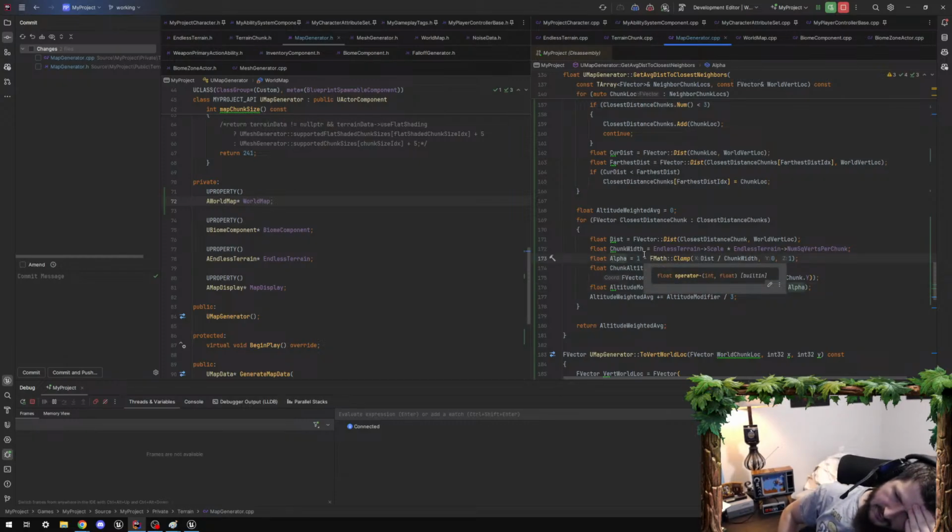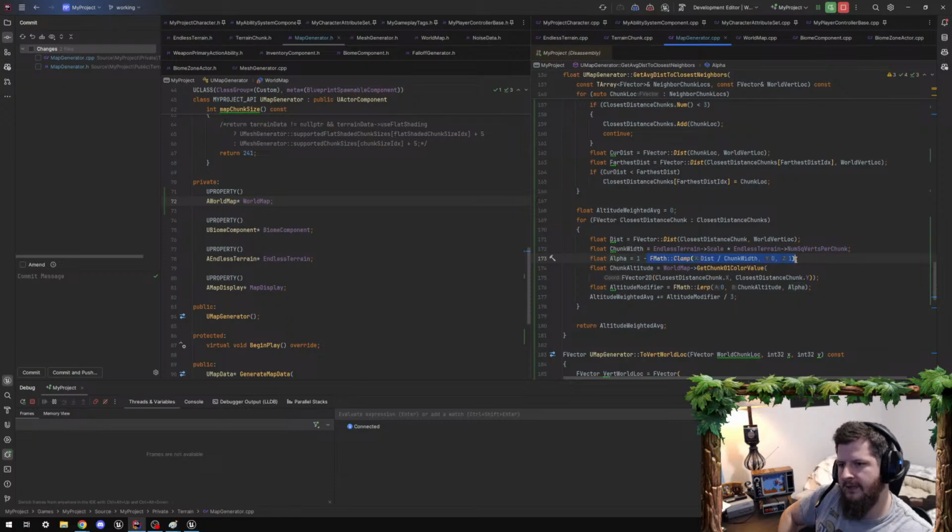But if the distance, and I want the opposite, it should be 0 to 1. I want the opposite because if this part right here returns 1, or higher than 1, it shouldn't be higher than 1. If this returns 1 or higher than 1, I do not want this chunk's altitude to affect this point.